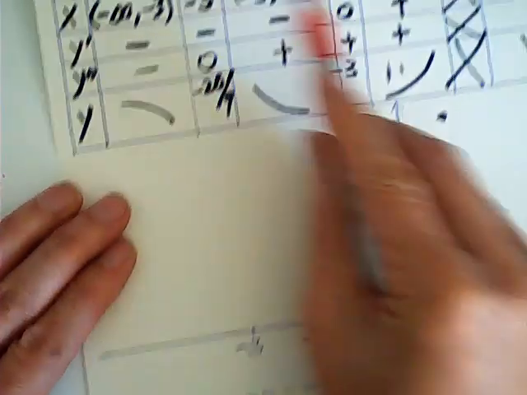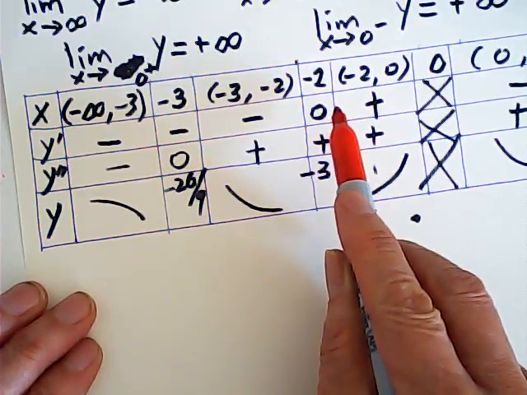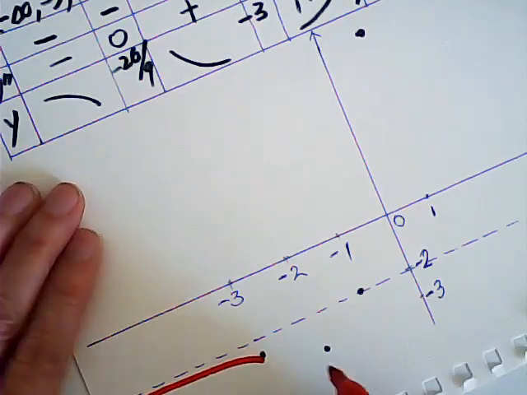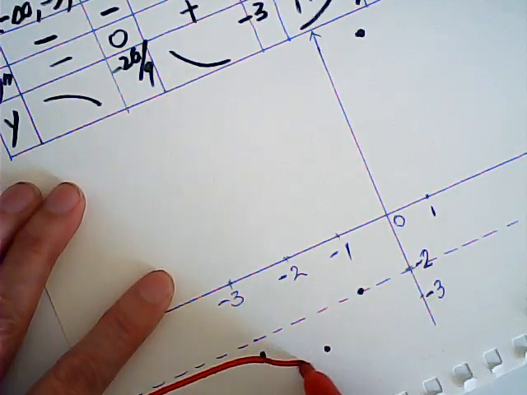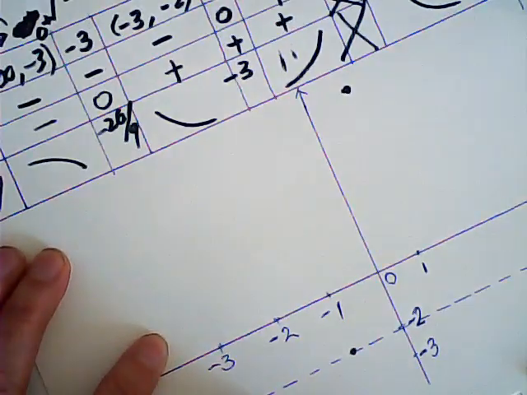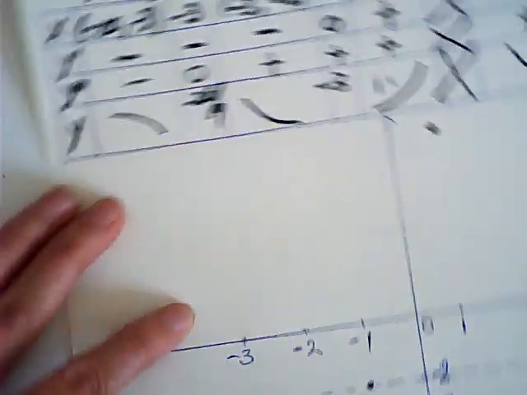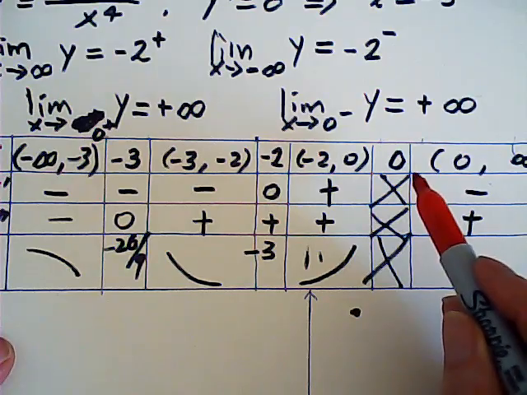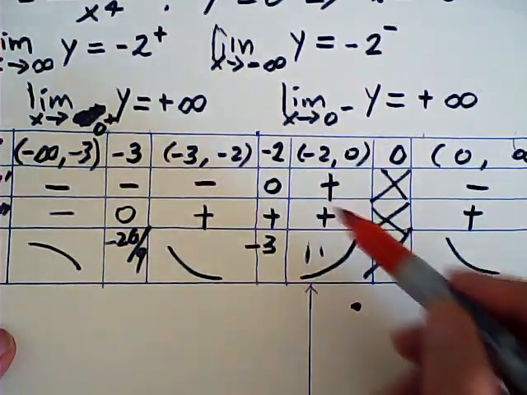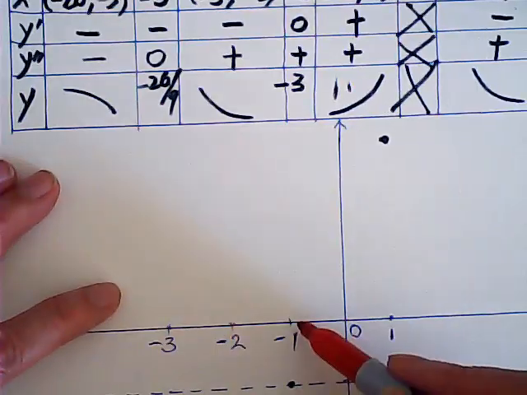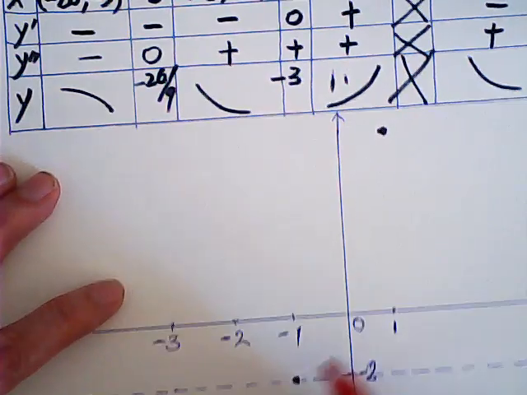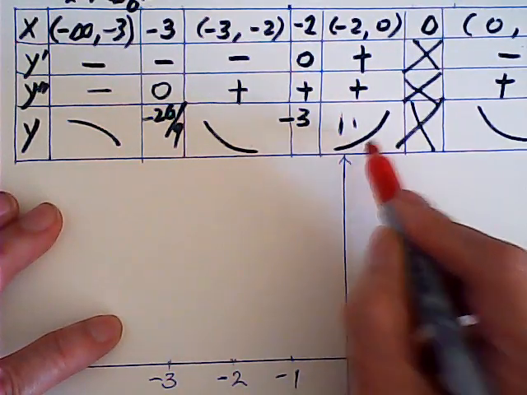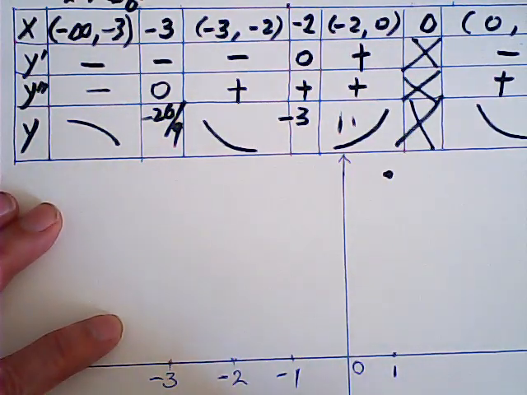And from -3 to -2, this is the shape. And from -2 to 1, -1 is the point, right?